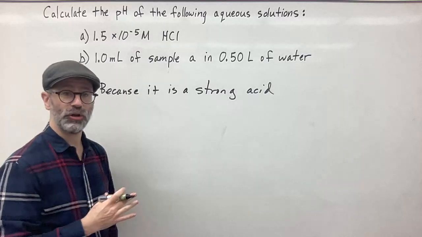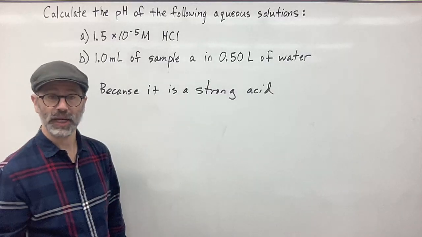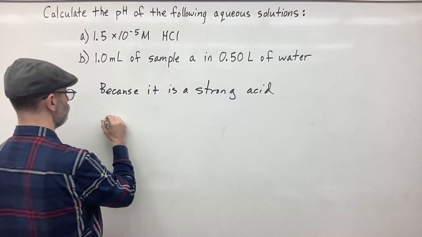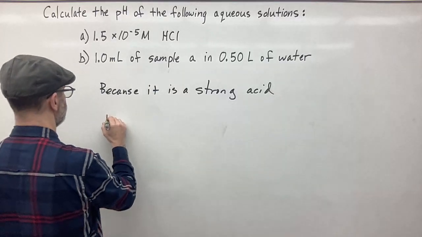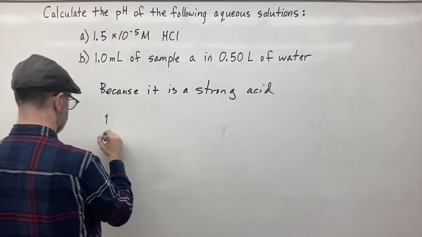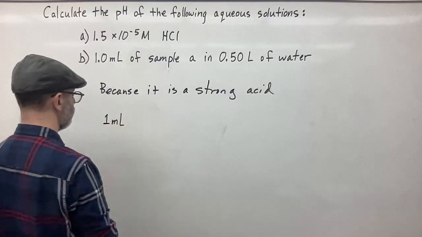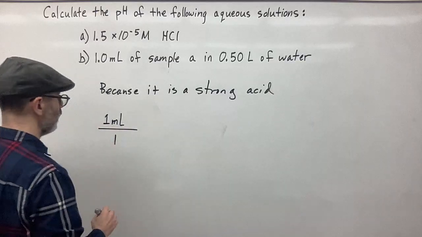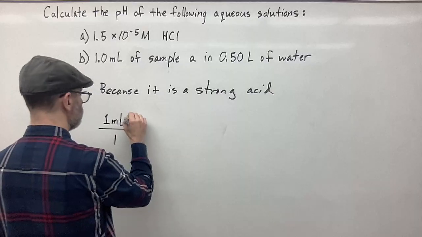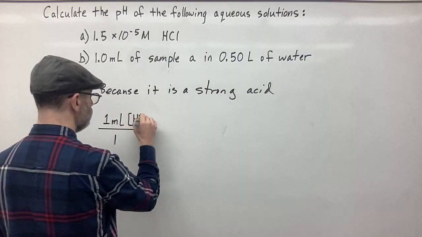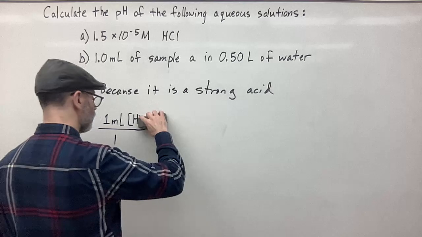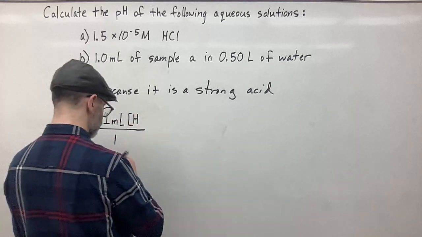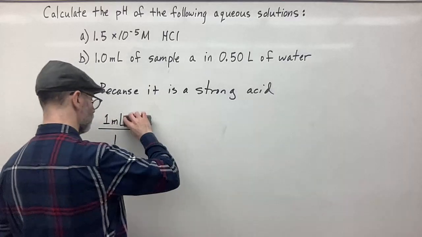And we know the volume times the molarity is going to give us the number of moles. The reason for that is if we take 1 milliliter and put it over 1 milliliter of the HCl solution.